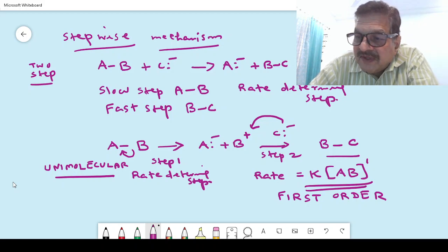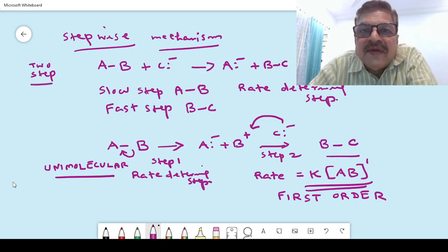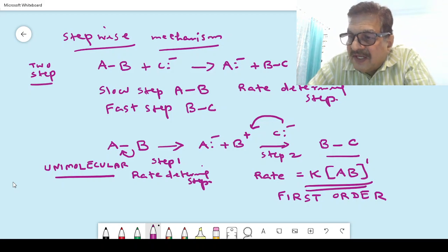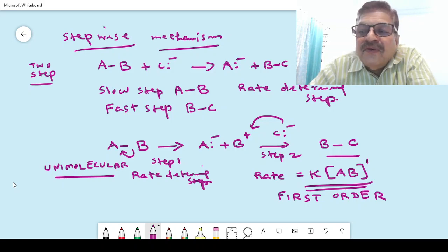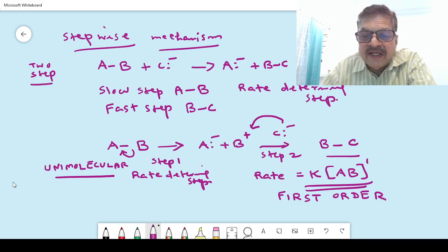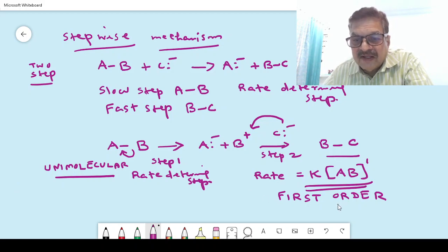A reaction involving the concentration of only one reactant is said to be unimolecular. So this is first order kinetics. The other one is second order kinetics, and this is first order kinetics.